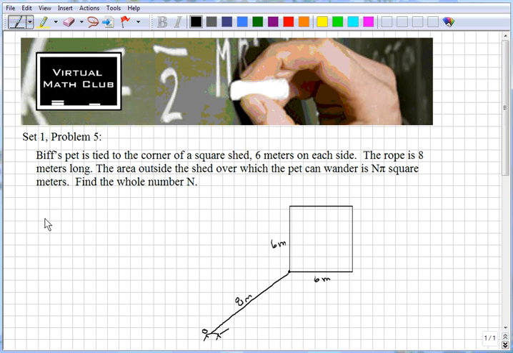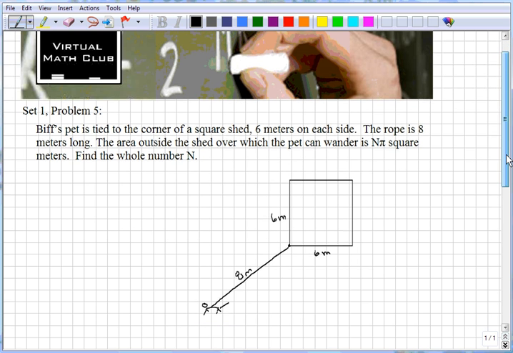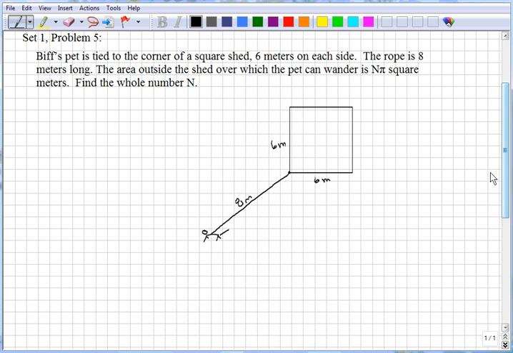But here's the solution. The other thing you need to know is, well, let's see. I'm going to scroll down here a little bit and give us a little more room to work. Okay, so I said use your imagination. What's going to happen to this pet as he's walking around the shed at the full extension of his rope?